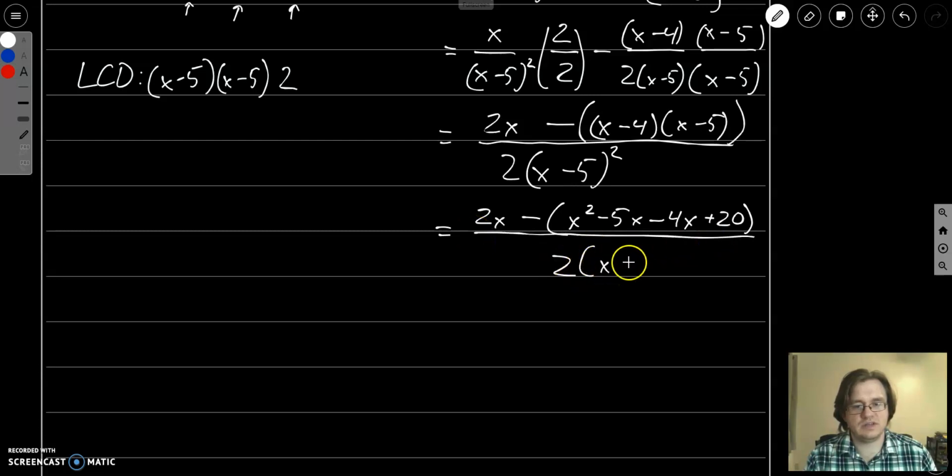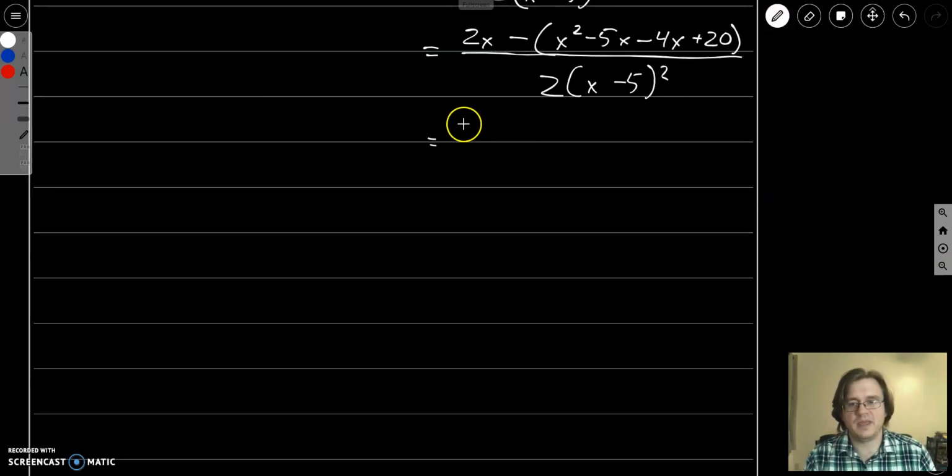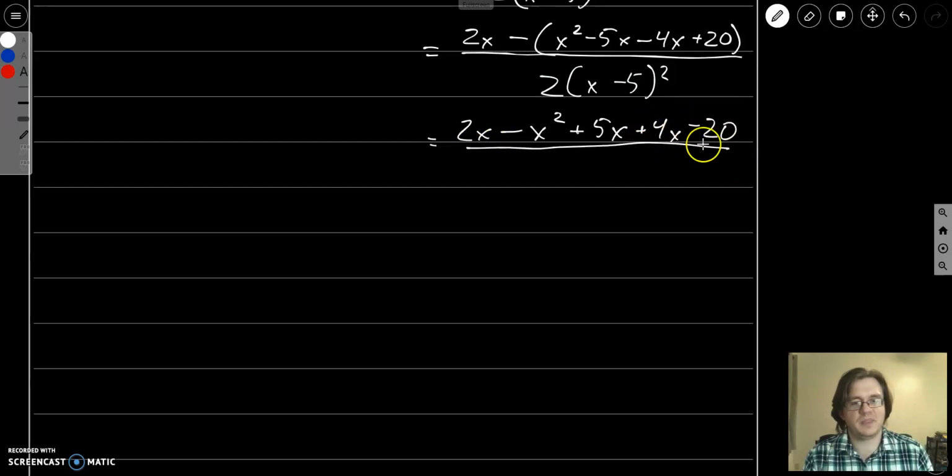The denominator is 2 times x minus 5 squared. Okay, carrying on. Got 2x, and now I'm going to distribute this negative sign to every single one of these. So this will be 2x minus x squared plus 5x, minus 5x becomes a plus. Distributing the negative sign some more, plus 4x minus 20. Again, the denominator hasn't changed, and in fact, I don't know if it ever will.